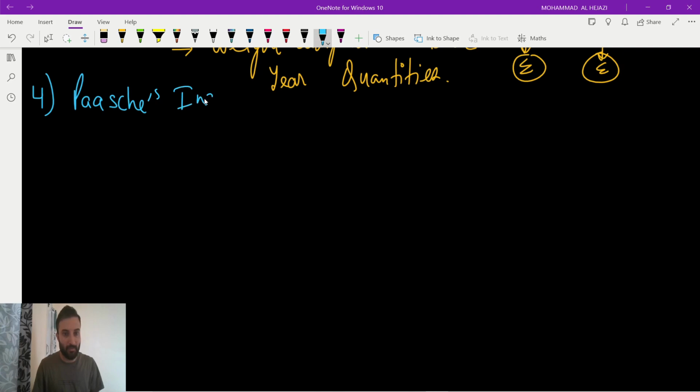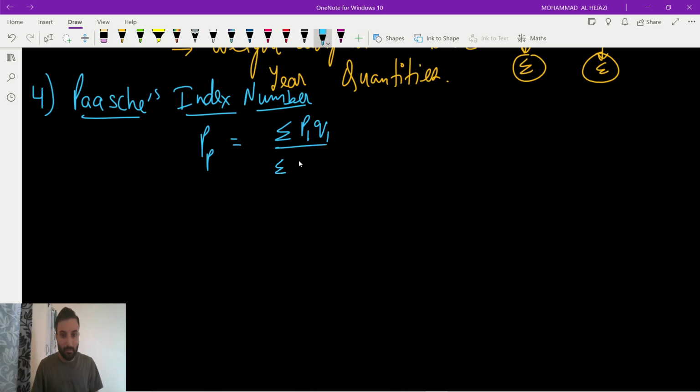Purchase index number or price index number, both are same. The price index number is denoted by P, so PP, Paasche price index number, which equals summation of P1 Q1 divided by summation of P0 Q1 into 100.